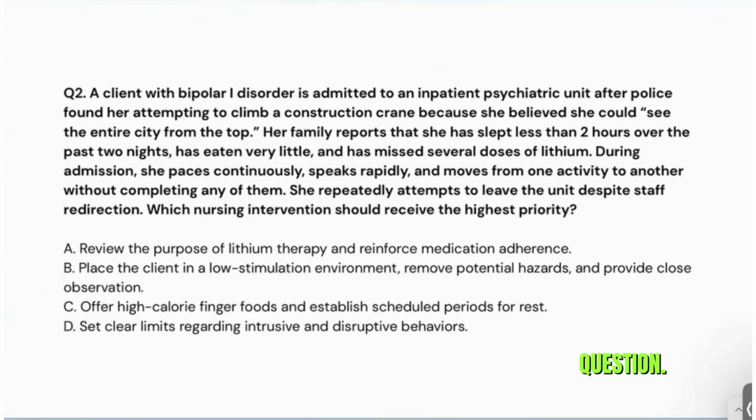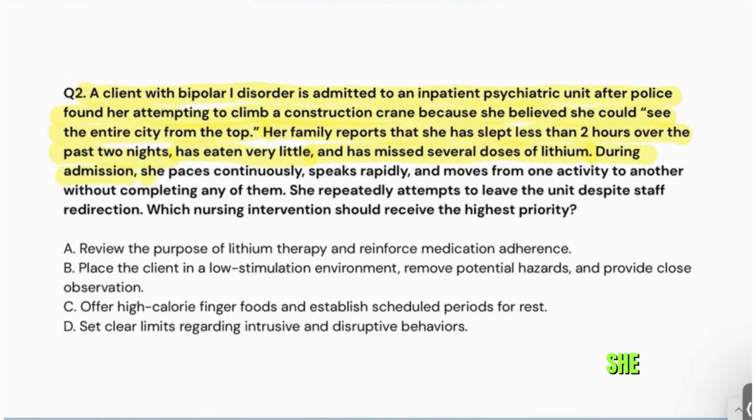Next question. A child with bipolar 1 disorder is admitted to an inpatient psychiatric unit after police found her attempting to climb a construction crane because she believed she could see the entire city from the top. Her family reports that she has slept less than 2 hours over the past 2 nights, has eaten very little, and has missed several doses of lithium.